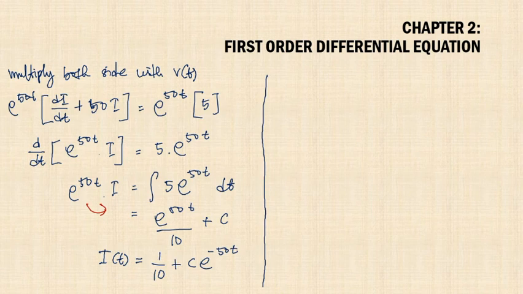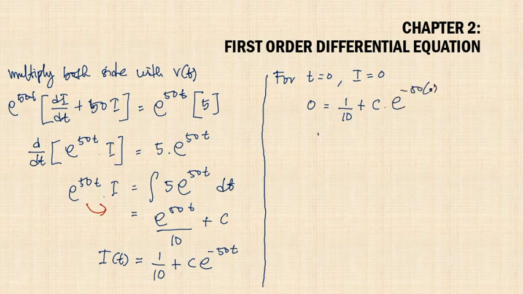So we continue on the side. As the given initial value for t equals 0, we have I equals 0, and we substitute on both sides, so we have 0 equals 1 over 10 plus c times e power of negative 50 times 0. So we have c as negative 1 over 10, and then we substitute c back into the general solution.